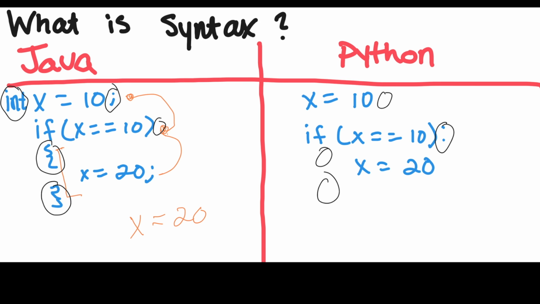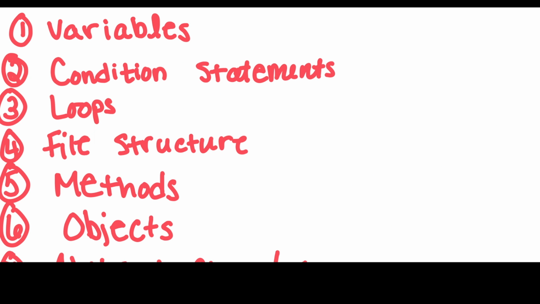All right, guys. So I'm just going to talk about what we're going to be doing in this series. The next video is going to be on variables, for example, x equals 10. After that, I'm going to do if statements, conditions.